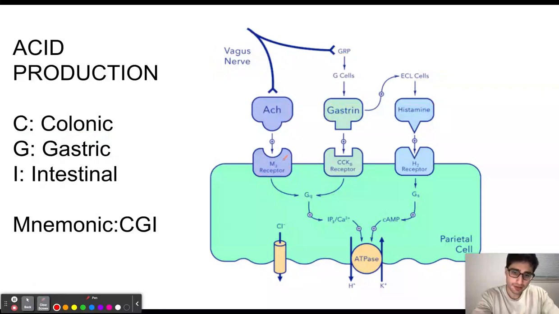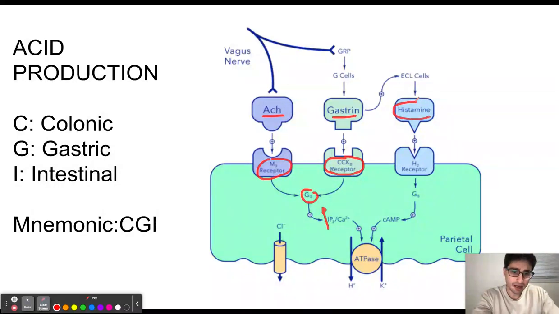Now, as you can see from this picture, when acetylcholine binds to the M3 receptor and when gastrin binds to the CCKB receptor, they're going to be using the intracellular signaling molecule Gq, which is going to increase the levels of IP3 and calcium in the parietal cell.